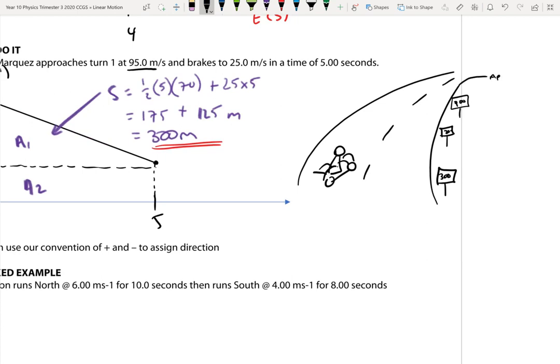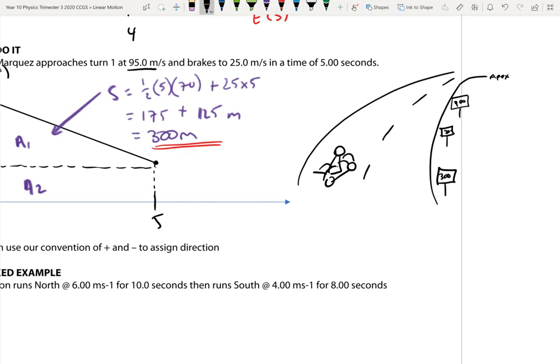These little turning markers are for the racers to know how far it is to the apex, which is where you turn the corner. The aim of the game is to try and brake as late as possible. Most motorcycle riders or racing car drivers will know at every corner they can start braking at a certain point. In this case, it might be the 300 meter marker.